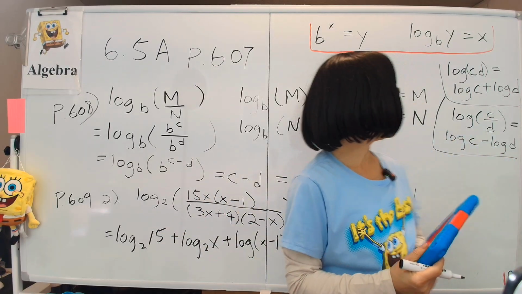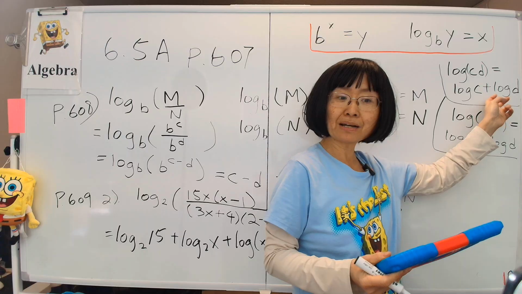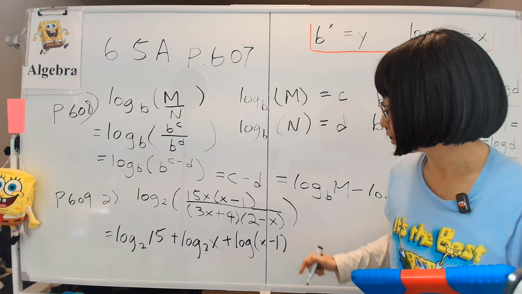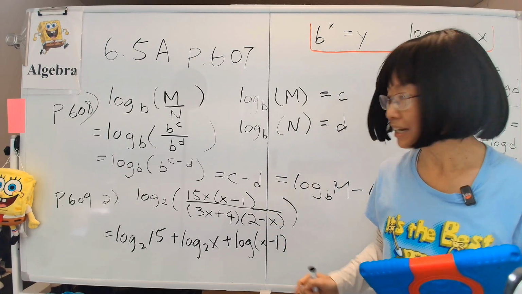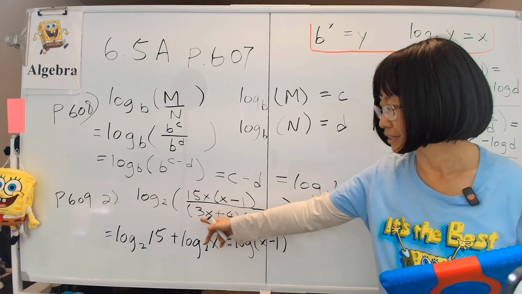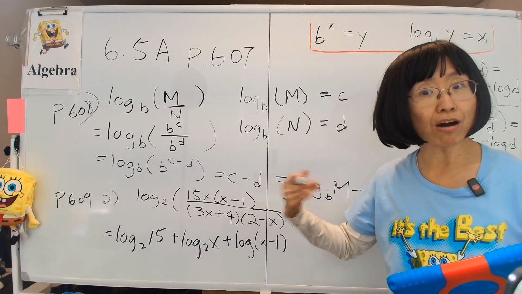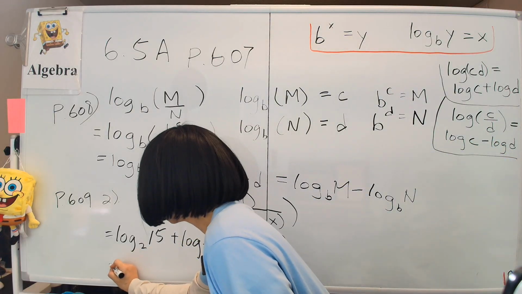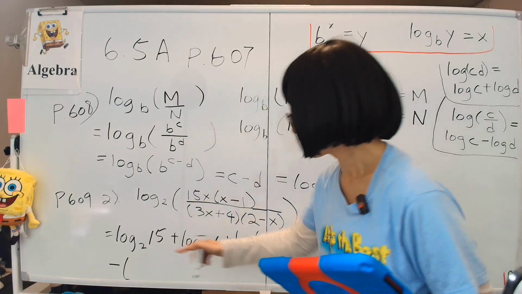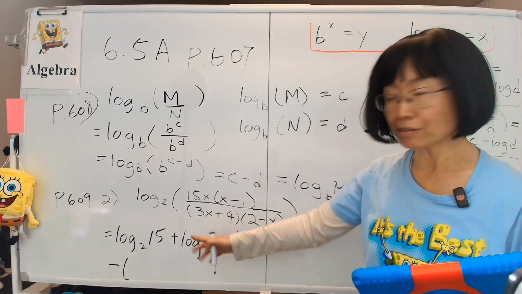So we'll translate it into addition by the product rule of log. And this isn't all. Next, we're going to do division. These things are all in the denominator, so they're all being subtracted. So we're going to write a giant parentheses, which will include all the stuff.